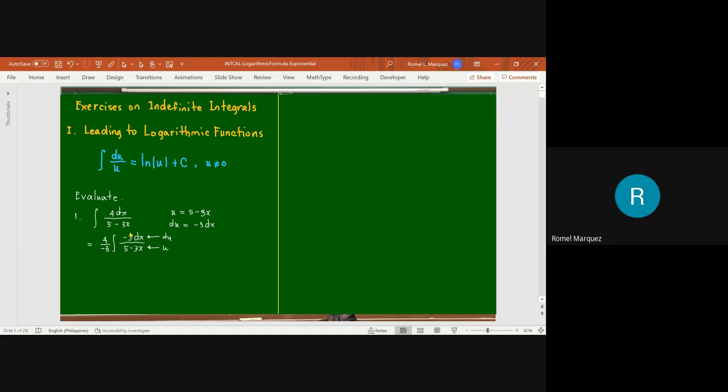So, this now takes the form of the integral of du over u. Hence, we can write it as negative 4/3 ln of the absolute value of 5 minus 3x. Then, your favorite c, plus c.